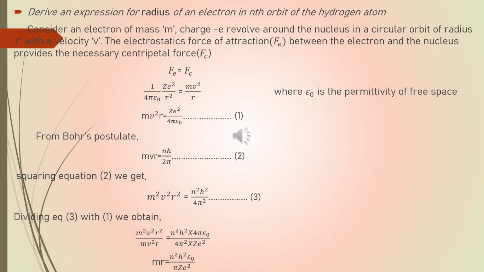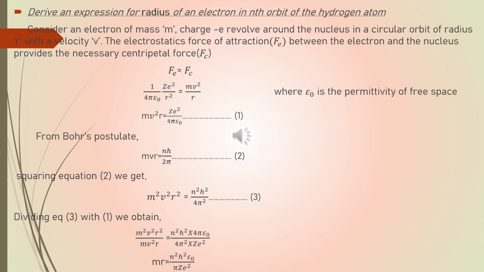Substituting for angular momentum as mvr, we get equation 2: mvr equal to nh by 2π. Squaring equation 2, we get m²v²r² equal to n²h²/4π². Calling this equation 3.